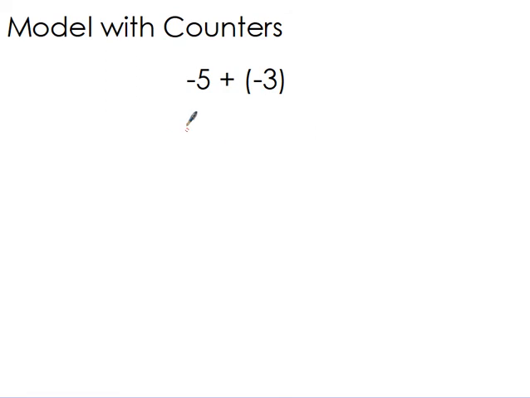Now, let's look at what this looks like with negative numbers. I'm going to use the word combined for addition a lot. If I have -5 plus -3, we can use counters to model it, but instead of using the positive counters, I'm going to use the negative ones.